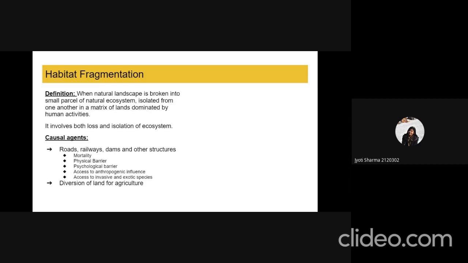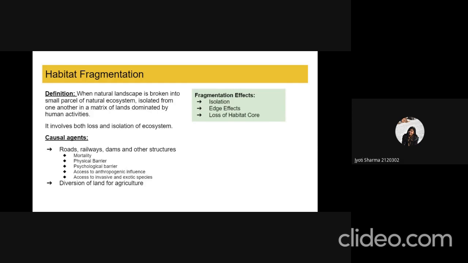Then diversion of land for agriculture. If we are taking some land of the forest to create agricultural area, then we are fragmenting this habitat. Then the effects will be isolation. Some species need other individuals to be there for their survival and stability, and if two individuals are living apart, this is the isolation case.